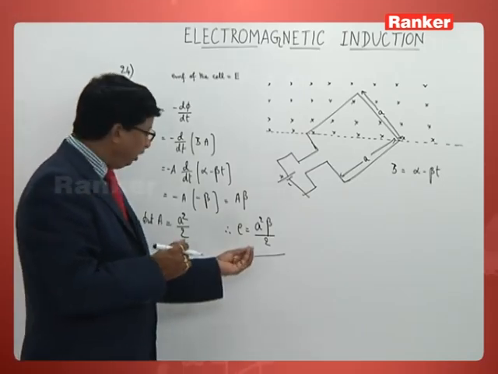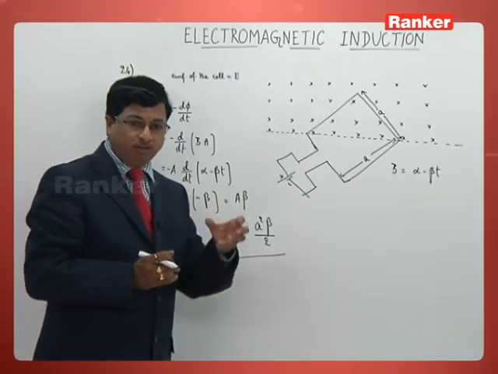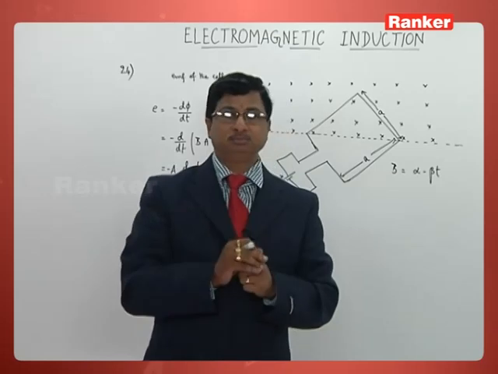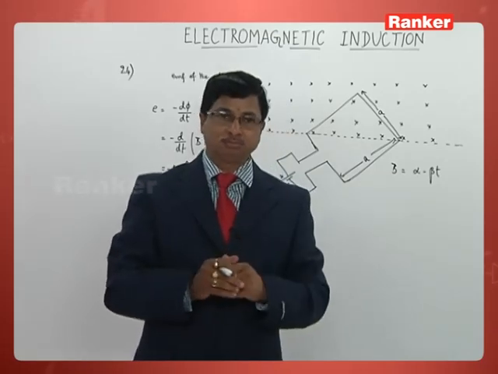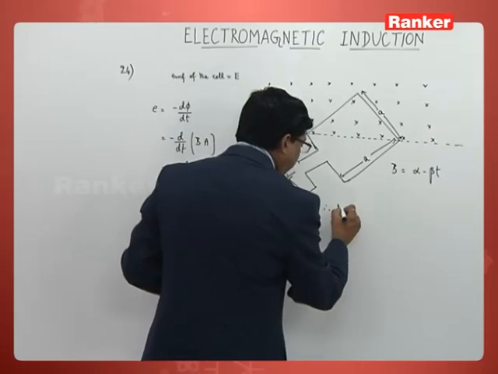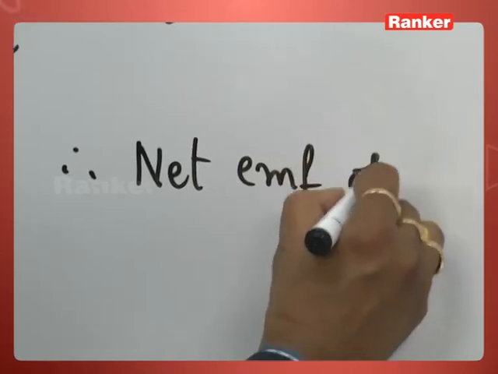So you can certainly understand A square beta by 2 is the induced EMF, which of course is going to be produced in the reverse direction. Therefore, what is the net EMF of the cell?